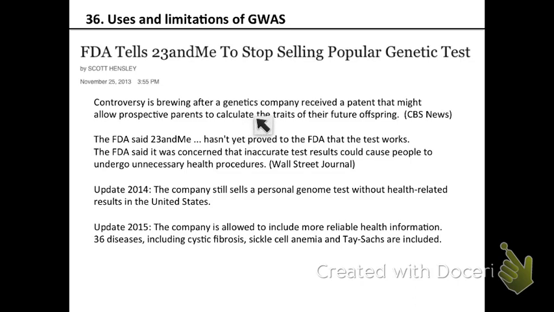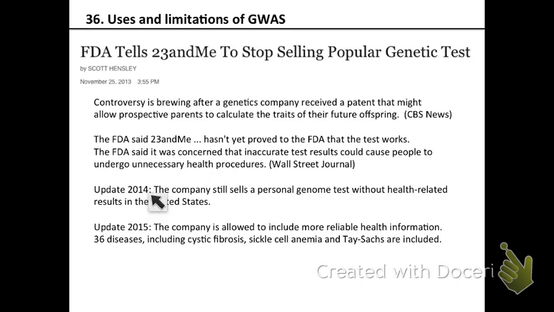And that's not very good because it's not accurate. So the FDA said, wait a minute, you actually can't say that, right? So it said that these inaccurate test results could cause people to undergo unnecessary health procedures because people actually don't know what a GWAS is and how to interpret that, right? So 23andMe stopped selling this for a while.